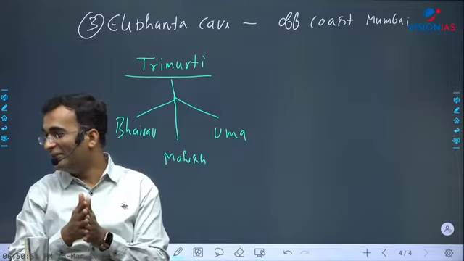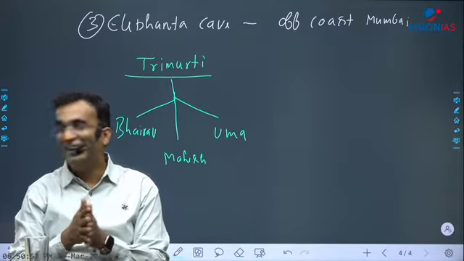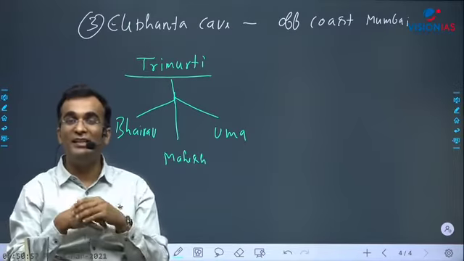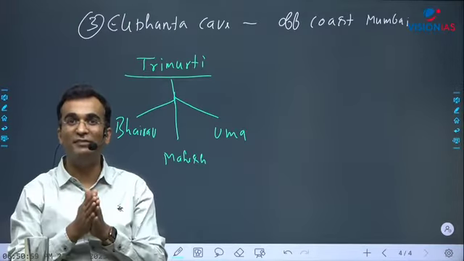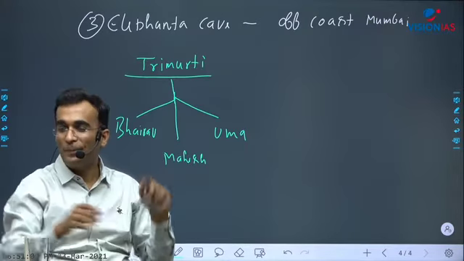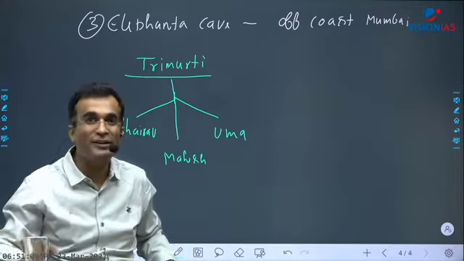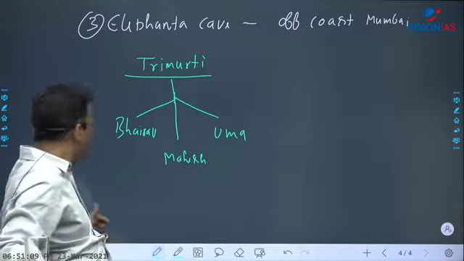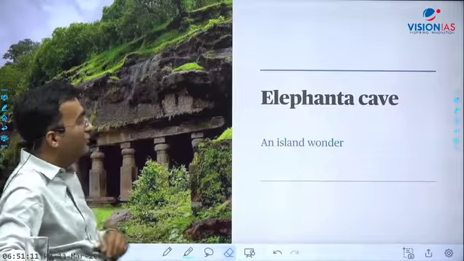And also, this Uma is the consort of Shiva. That's the second half of Shiva, the better half of Shiva. That is synonymous to Parvati. So this is about this particular Elephanta building. Image dekhna ho to image dekh lo, how Elephanta looks like.